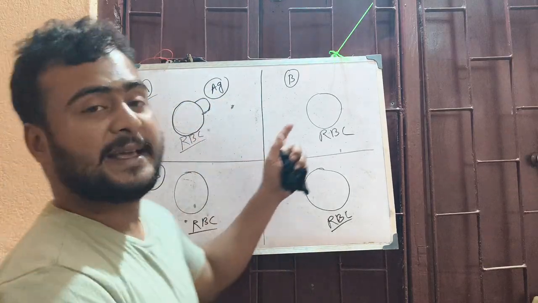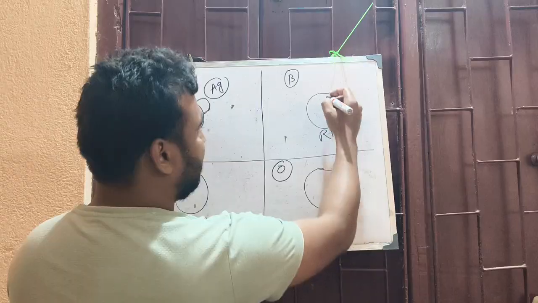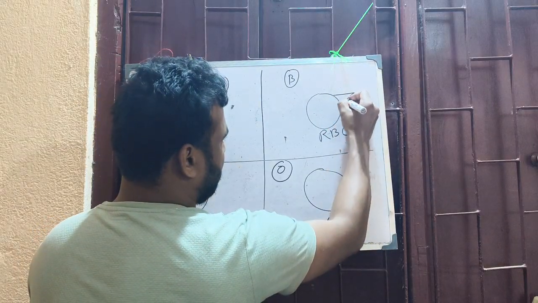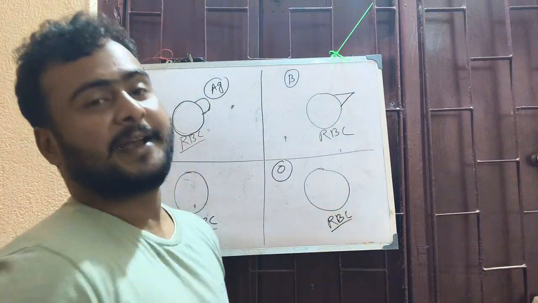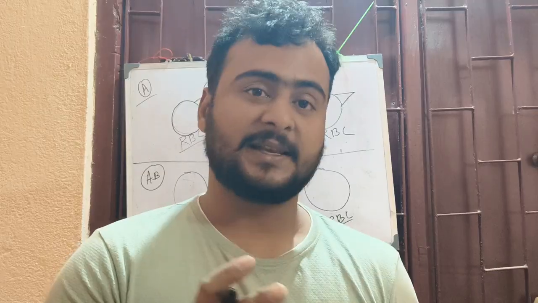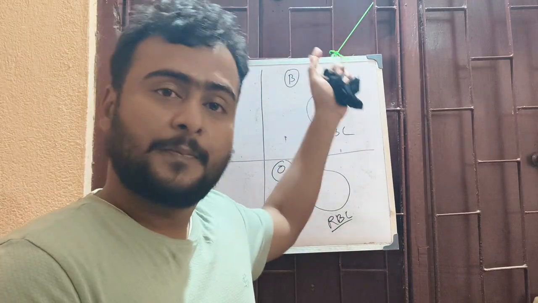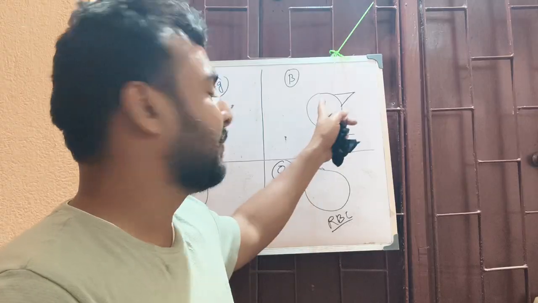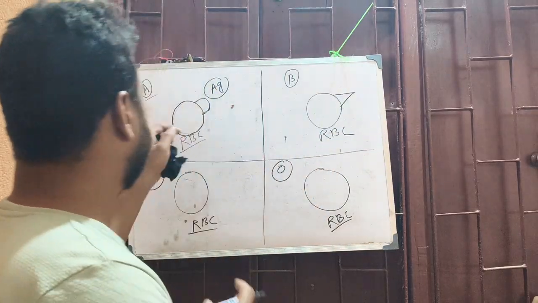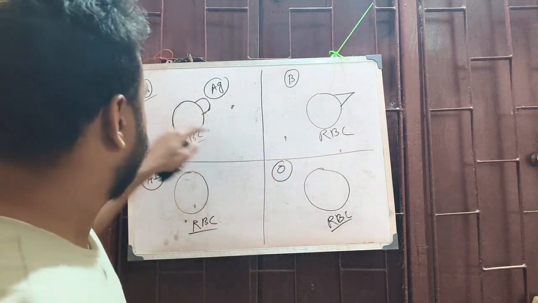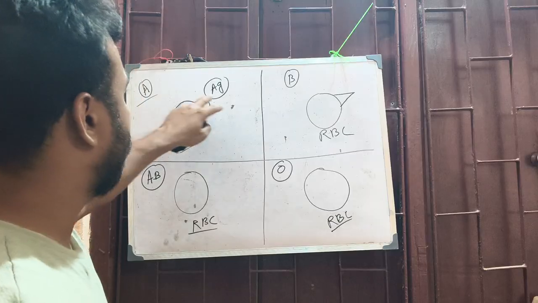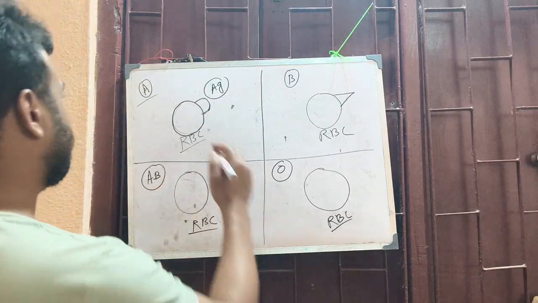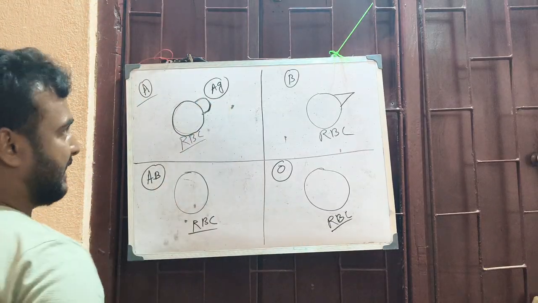In the case of the B, consider this is the kind of antigen which is present in the B blood group, on the surface of the RBC. So is it different or not? In the case of the A blood group, we have an antigen which has a different size and shape.